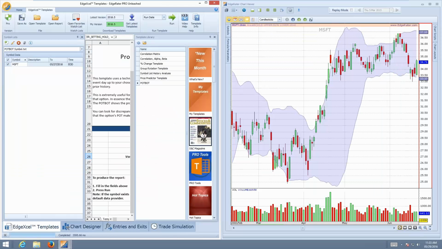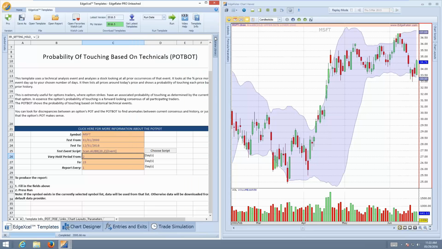The software didn't say, oh, Microsoft has currently just crossed above the upper Bollinger Band, now let's figure out probabilities based on that. There were probably lots of signals that day, not just the cross above the upper Bollinger Band. There were probably pocket pivots and moving average crosses and all kinds of other technical things. And each one of those will have its own technical history as to what happens. But you are now fully able and free to go and check those things out with the software.